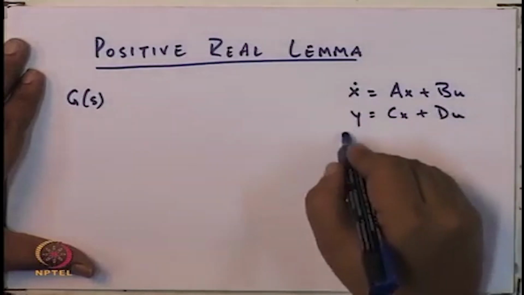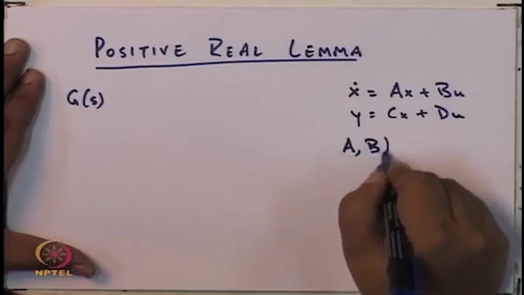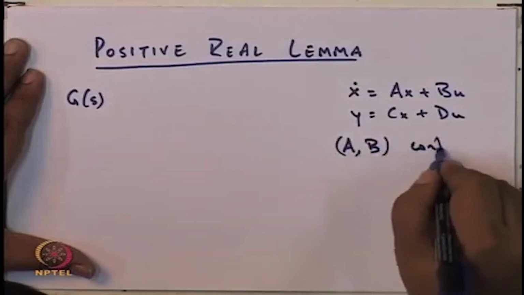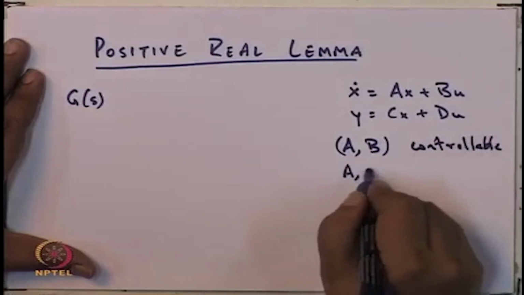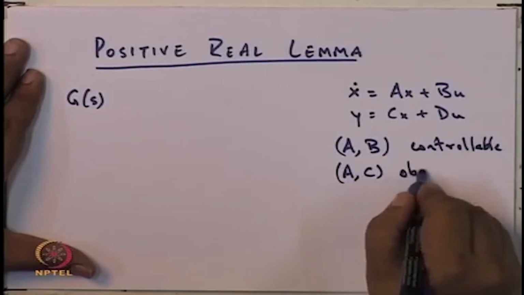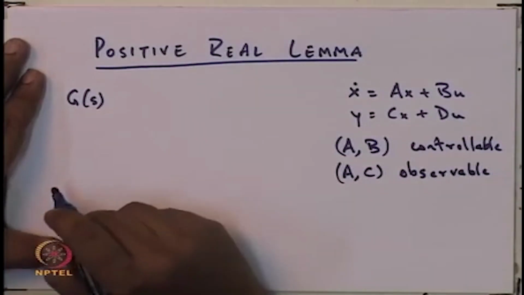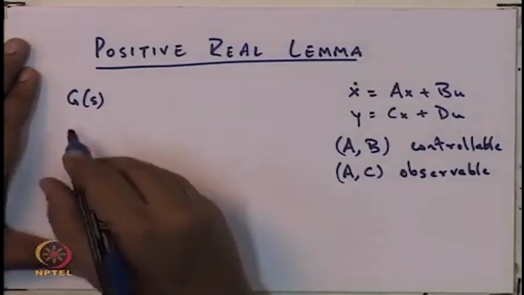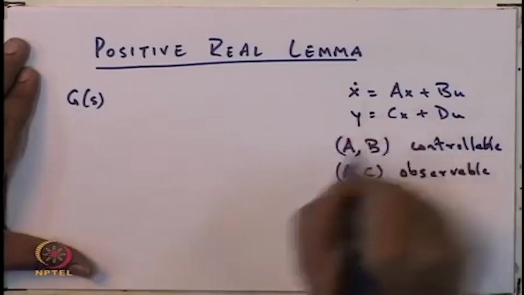Of course, because this is a minimal state representation, what that means is (A, B) is controllable and (A, C) is observable. Now, further we assume that this transfer function is stable.